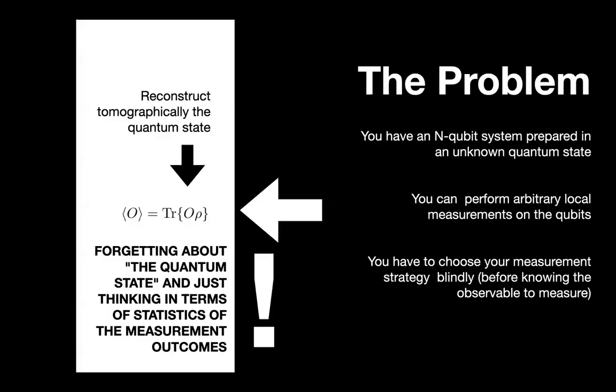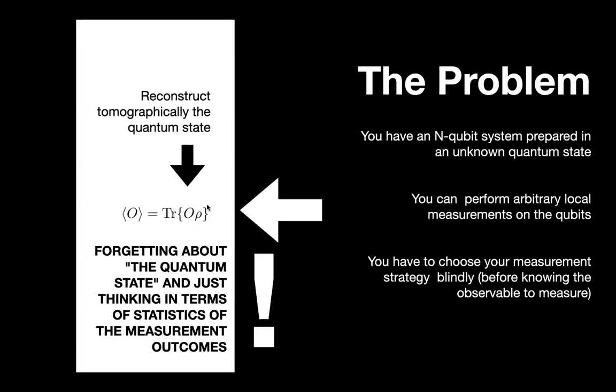And a comment related to this is that, in general, for all practical purposes, when we are trying to measure properties of an N-qubit system, it is really the case of forgetting about the tomographic reconstruction.